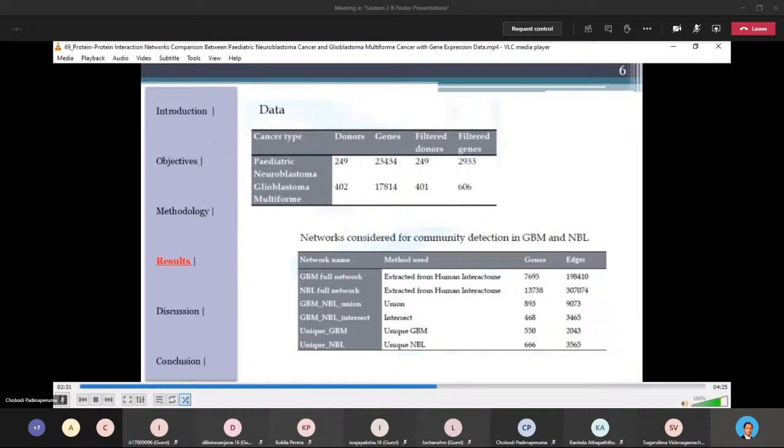These are the data that we have used for the analysis. We have used the genes and donors, and then we have filtered based on their highly varied genes. Then we have generated 6 main protein-protein networks from the human interactome by using the highly varied genes and their first neighbors.